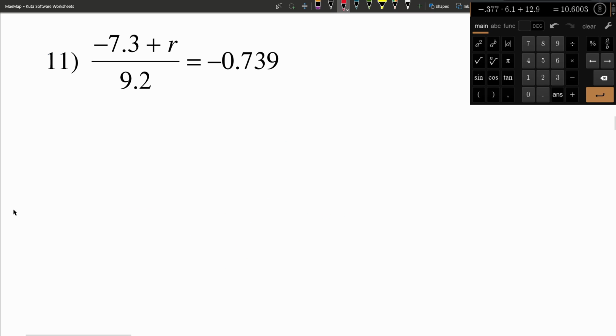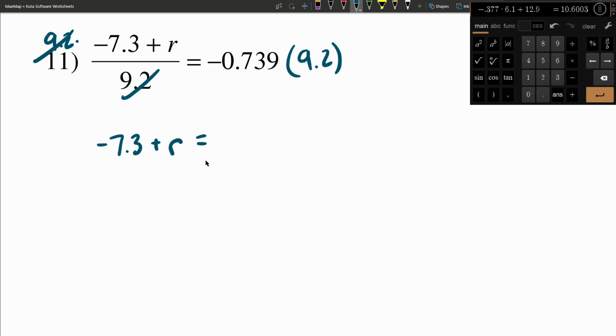For number 11, again, we're going to start by multiplying out that denominator. So multiplying by 9.2 to both sides. So we're going to get just our numerator as negative 7.3 plus r equal to, let's do this on the calculator, negative 0.739 times 9.2. That's negative 6.7988.